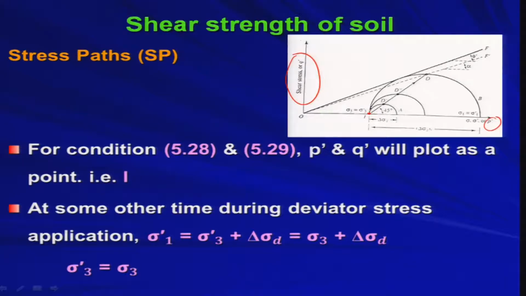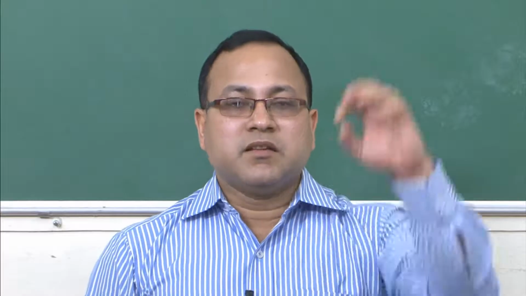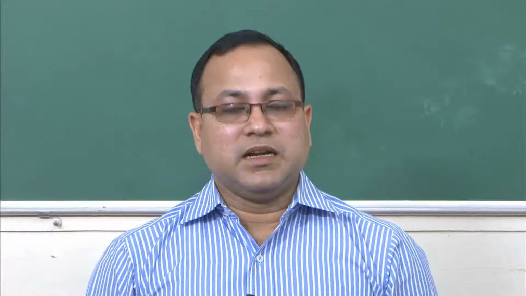Now, at some other time during the application of the deviator stress, sigma 1 prime will be equal to sigma 3 prime plus delta sigma d, agreed. Sigma 3 prime will be your cell pressure, which is already there and will always be there during the test, plus the deviator stress delta sigma d.